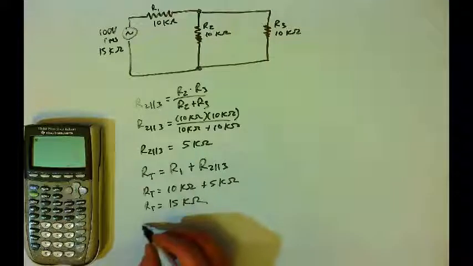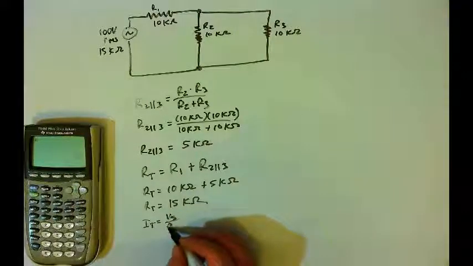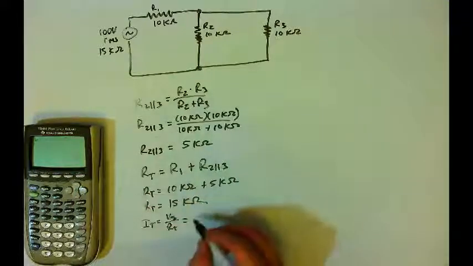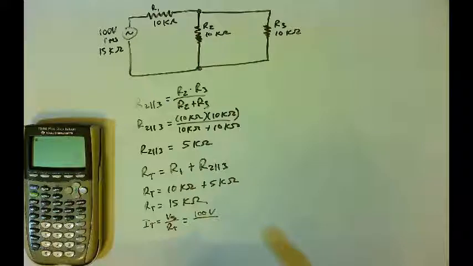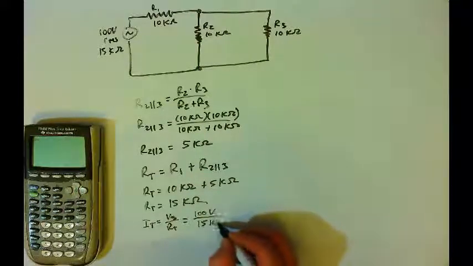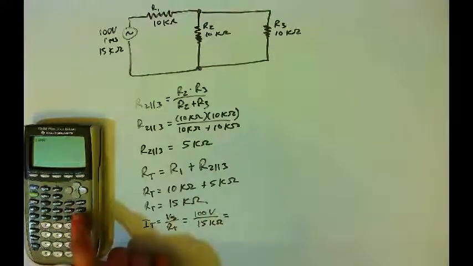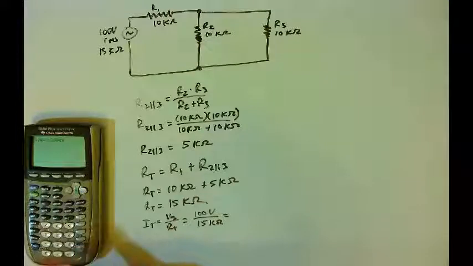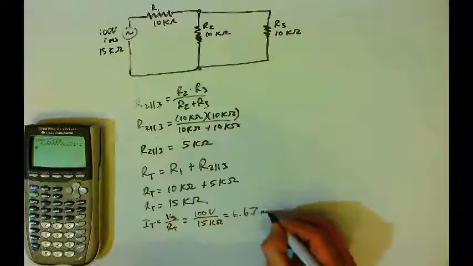Next step is to find the total current, which will be the source voltage divided by the total resistance, which will be 100 volts. Again, always in the RMS value. 100 volts is already in an RMS value for us, divided by 15 kilo ohms. And so the total current will be 100 volts divided by 15 kilo ohms, and we get 6.67 milliamps.